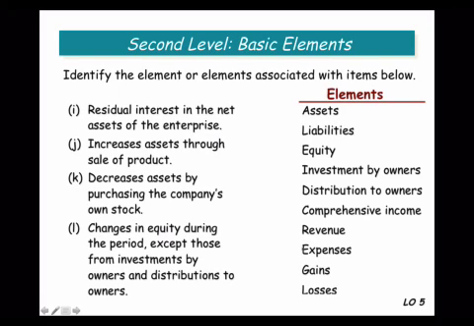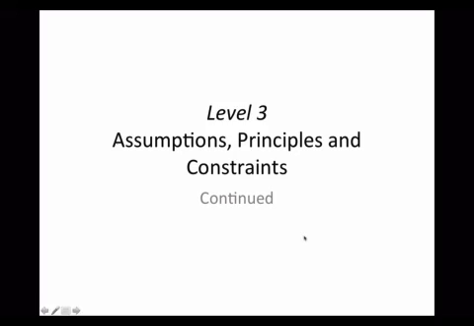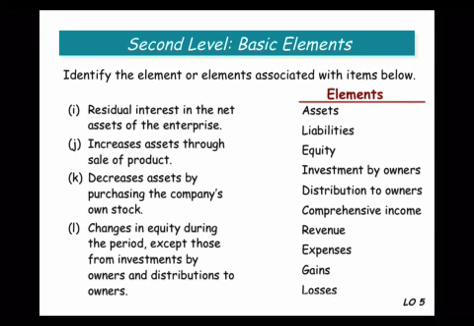However, all of these things, revenues, expenses, gains, and losses, each one of them is a subcomponent of comprehensive income that changes equity. So I'd say, yeah, you probably ought to also include these things in that. Okay, so there you have the elements of the financial statements.